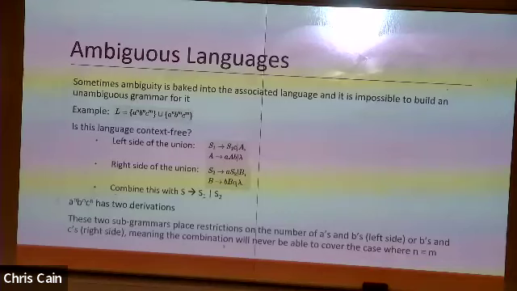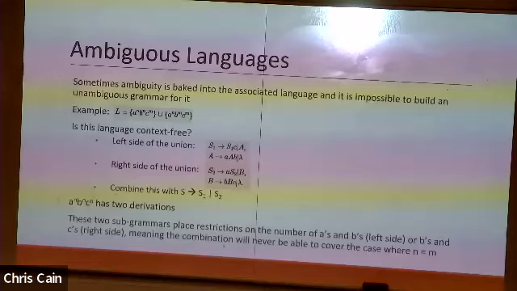We had a union between two context-free languages, A to the N, B to the N, C to the M, union A to the N, B to the M, C to the M. We came up with two different grammars, one of which represented the left-hand side of the union, one of which represented the right-hand side. And we had one rule that we could use to combine them.